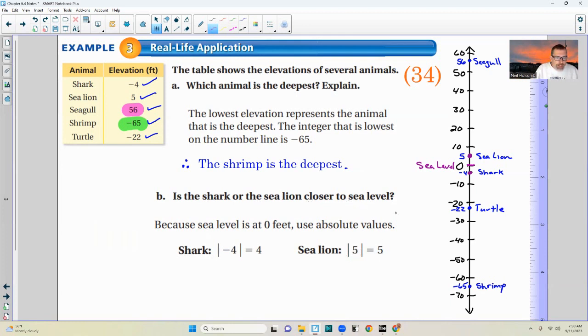Is the shark or sea lion closer to sea level? Well, which is closer to 0, 4 or 5? So since 4 is less than 5, the shark is closer to sea level than the sea lion.